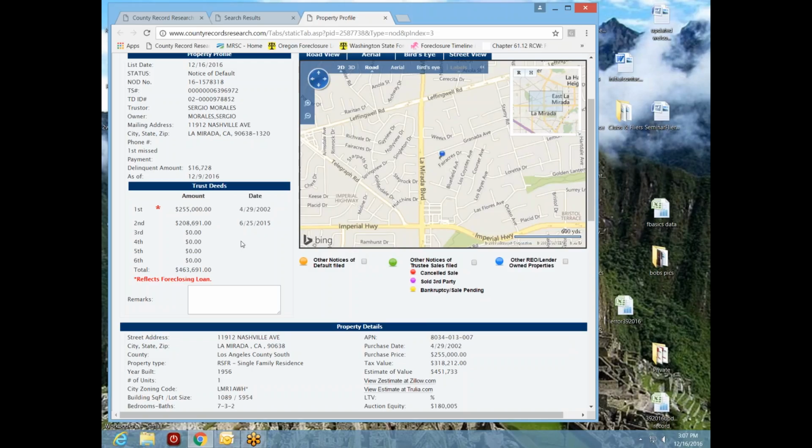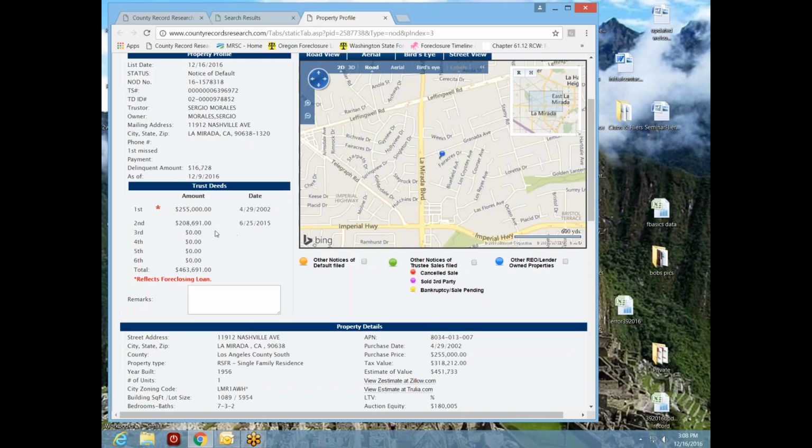Now, this is something that you need to be aware of. This might have a modification, because notice what we have is a first of 255 from 2002. We have what looks like a second, and I'm going to emphasize what looks like a second, of 208,000 from 2015, or barely a year and a half ago.